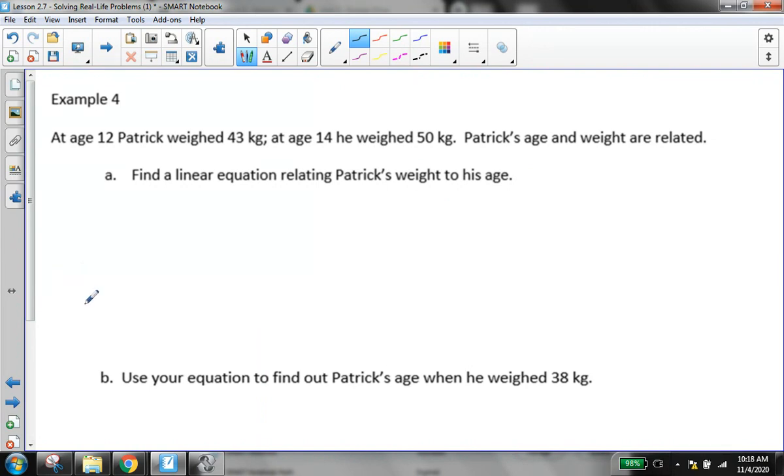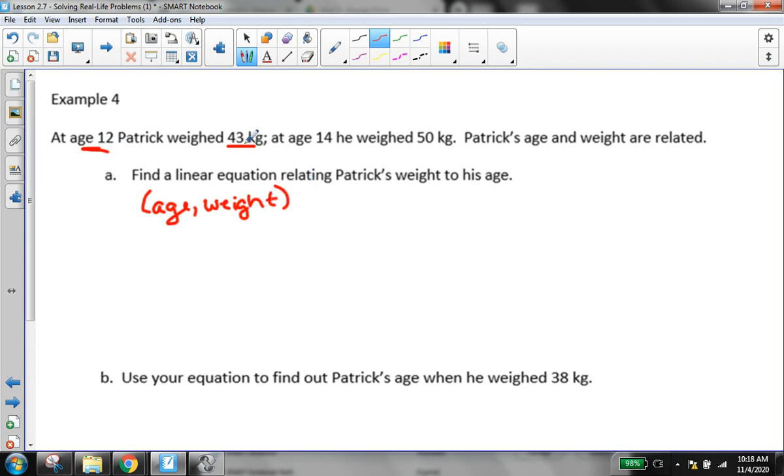Okay, so it's not really specifying what we have going on in terms of x's and y's, so we have to define them ourselves. So I'm going to go with the straight order of the problem, going with age and then weight.